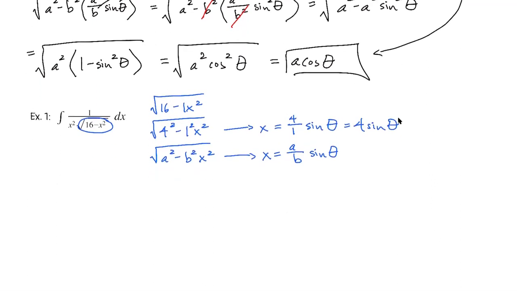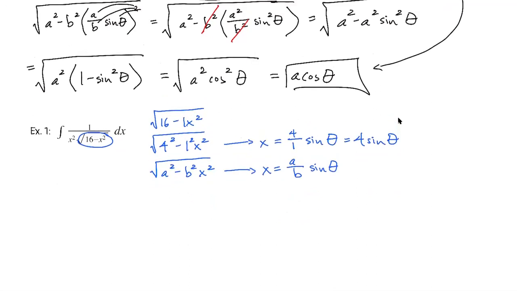So what we're going to do here is go ahead and start substituting. So I have 1 over. Okay, so the 1 I don't have to do anything with. Instead of x squared, what should I put? 16 sine squared, right?